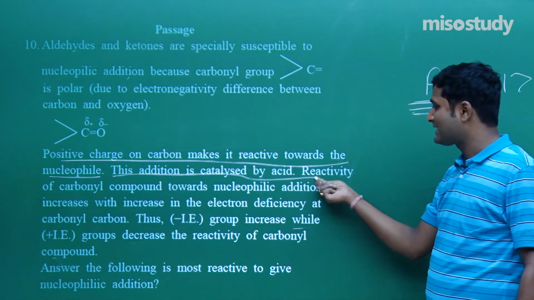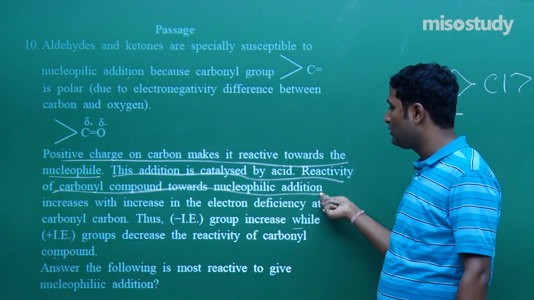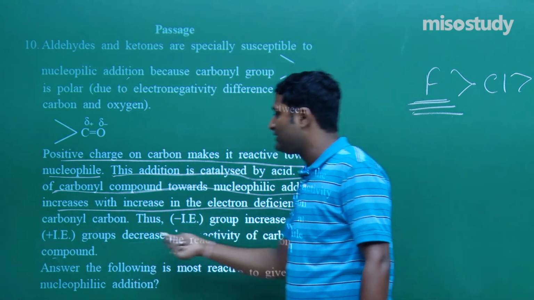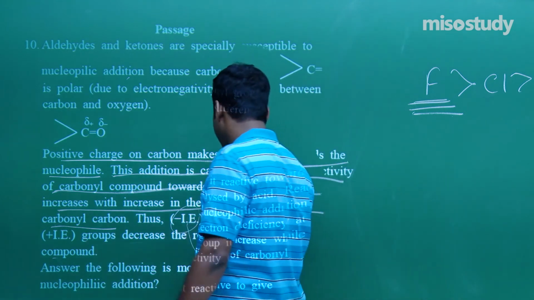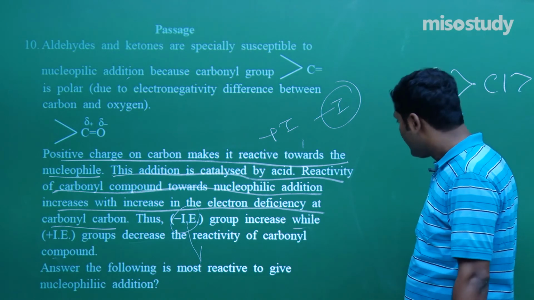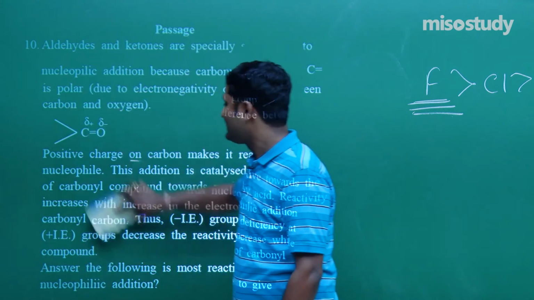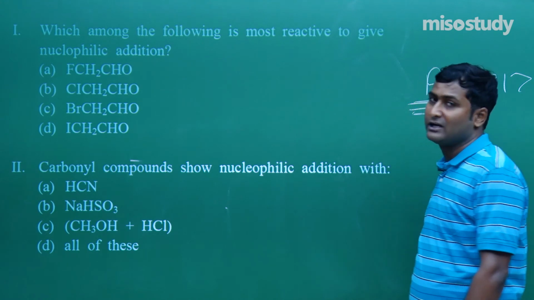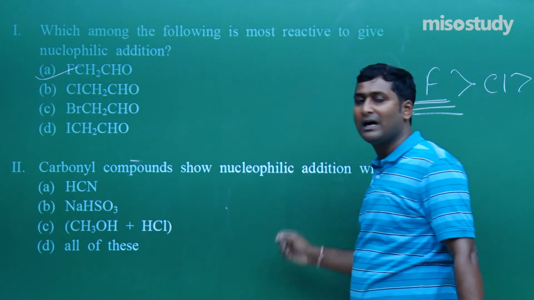This addition is catalyzed by acid. Reactivity of carbonyl compounds towards nucleophilic addition increases with increase in electron deficiency at the carbonyl carbon, and therefore the plus I and minus I effects matter. Clear? So FCH2CHO is more reactive towards nucleophilic addition reaction. So for question number 1, A is the correct option.